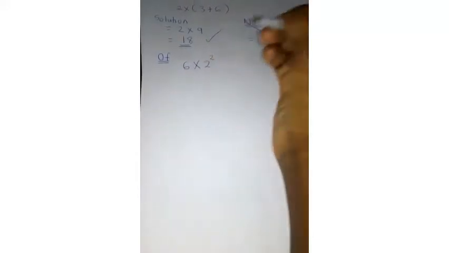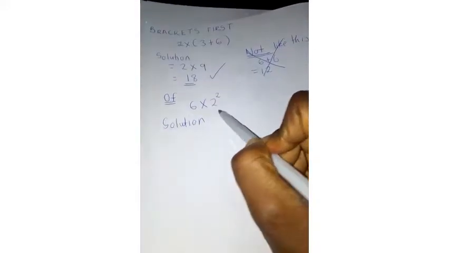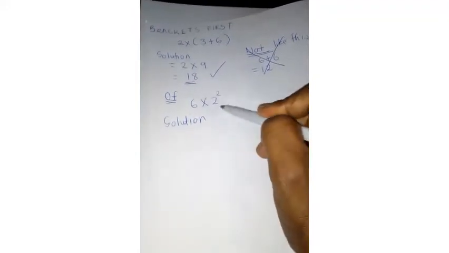And then the next example, depicting how to solve when there is the of expression. Our example is solve the expression 6 times 2 squared. According to BODMAS, we solve brackets, then of, then divide or multiply, and then add or subtract. In this expression, there is the of item and the multiplication.